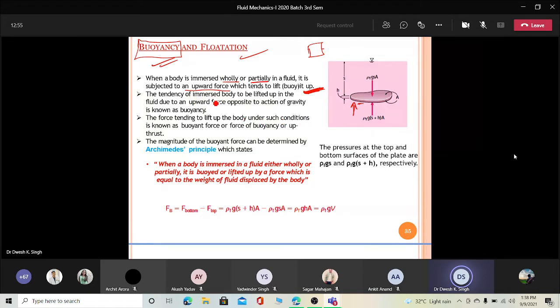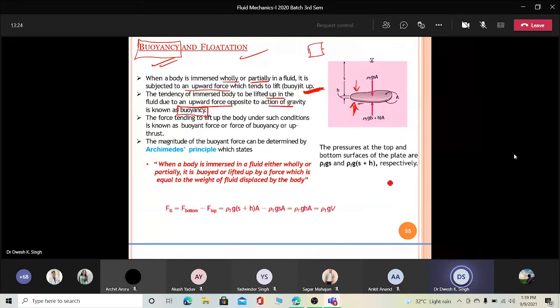So the tendency of an immersed body to be lifted up in the fluid due to an upward force opposite to the action of gravity is known as buoyancy. Buoyancy happens against gravity.